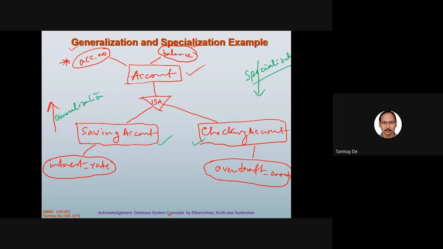For example, here account is the higher level entity set, and these are the lower level entity sets.